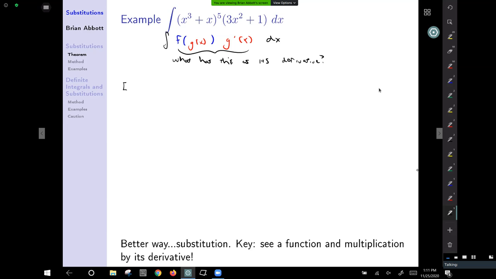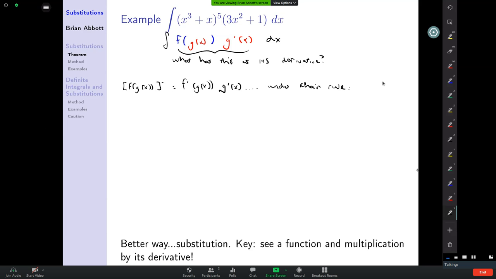Well, the chain rule formula says take a composition f of g of x, take the derivative of it, and get f prime of g of x times the derivative of the inside guy, g prime of x. And so what we're going to try and do here is manually try to undo the chain rule, which in general is a very complicated process, and most of the time we won't be able to do this. But for this example, I bet you that we can.